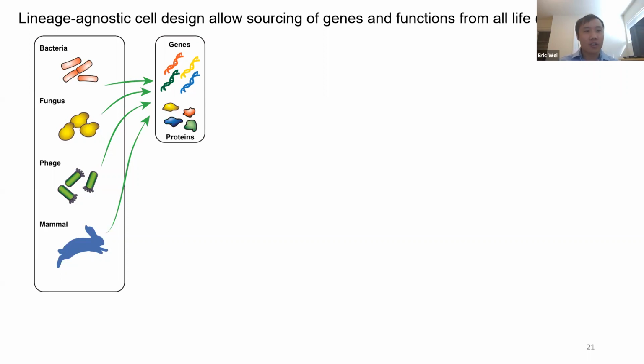So if you mix and match, there could be potential detriments, some side reactions that are unanticipated, but using a lineage-agnostic approach, you're able to have the option whether you want to use it or not, to be able to pull from any living resource from any living lineage, or even xenobiology, if that's what you want to employ.